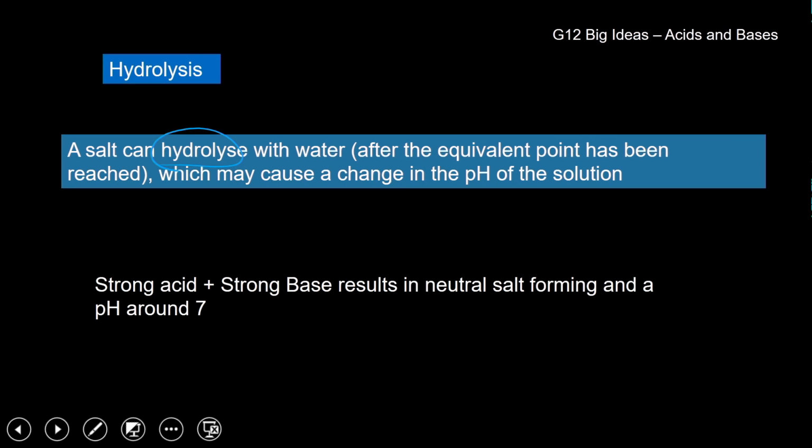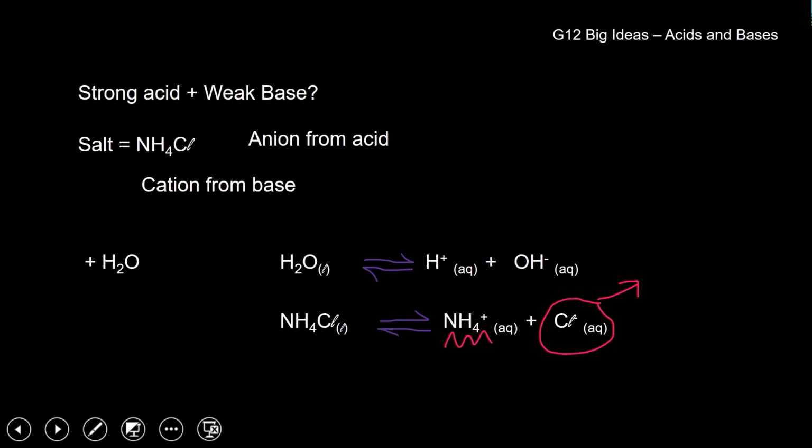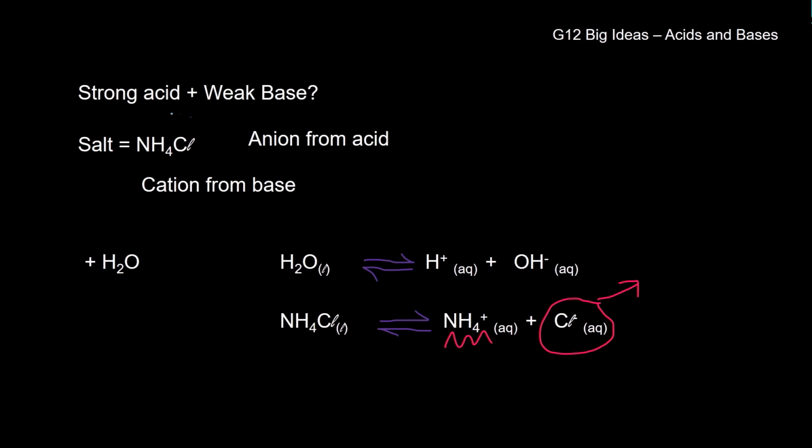But what I do want to do is have a look at where we have acid and base that are not of the same strength. When we've got a strong acid and a weak base, and a weak acid and a strong base, what happens? So here's an example of a strong acid and a weak base. We have the salt forming, which is ammonium chloride.